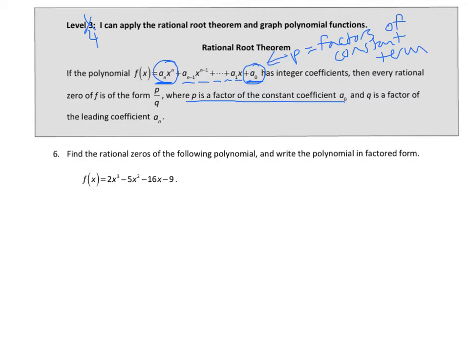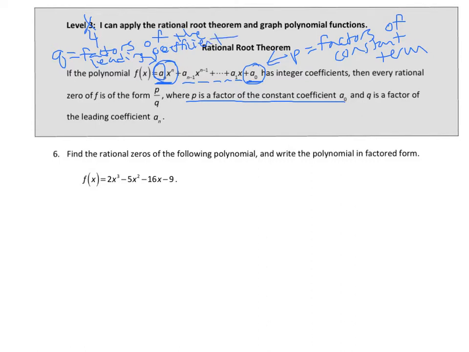And q is going to be all the factors of your leading coefficient a sub n.